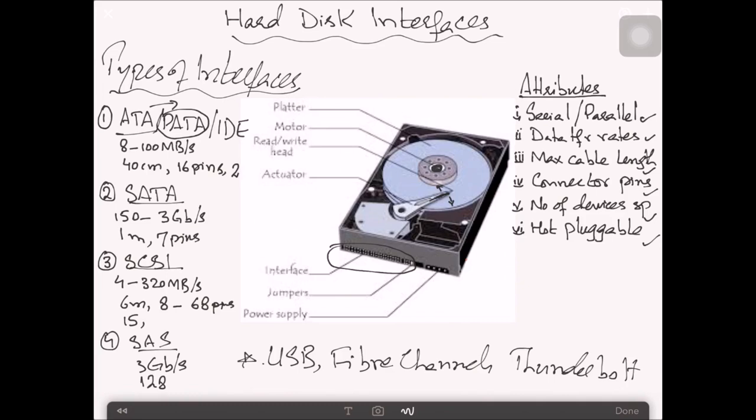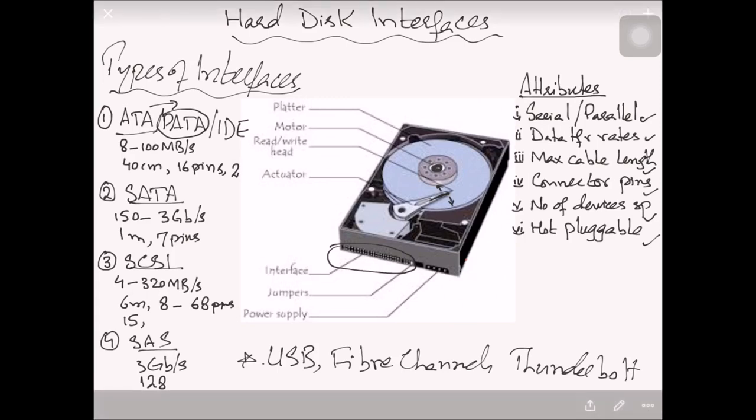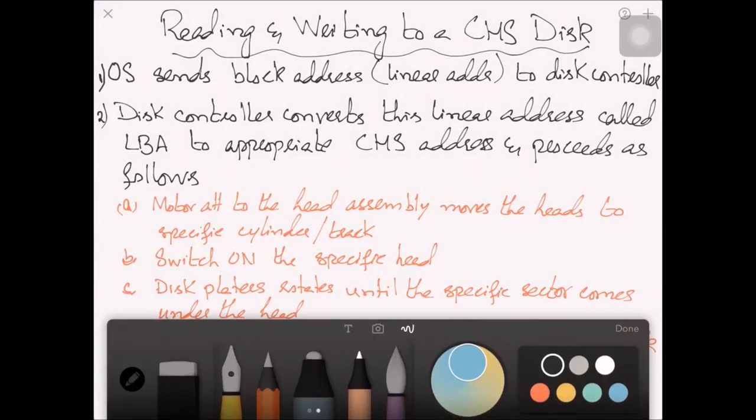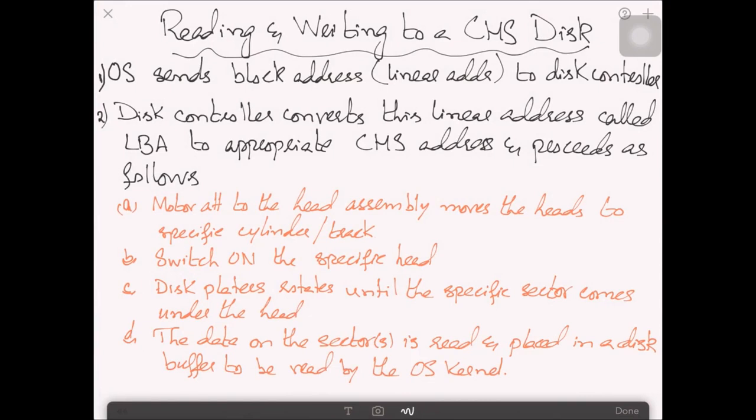Now, gentlemen, let's have a brief review again of how reading and writing of a CHS disk is carried out. In the very beginning, the operating system sends the block address, a linear address, to the disk controller. It doesn't send a CHS address.